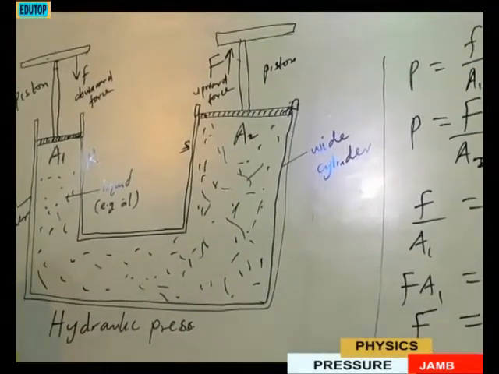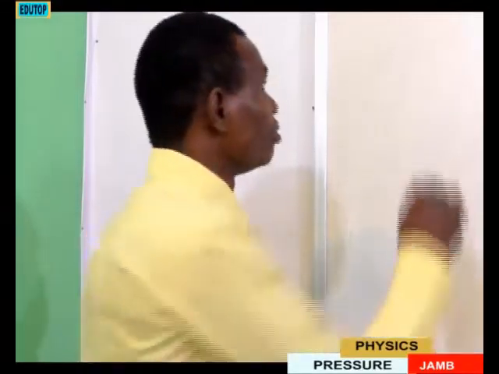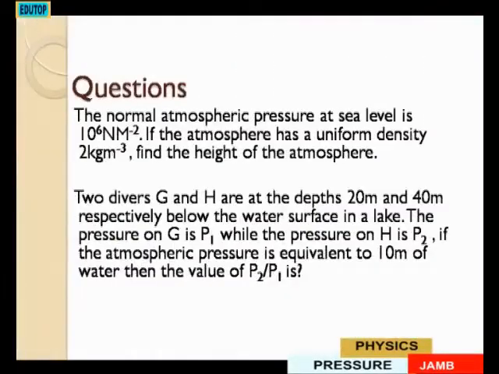Then we are going to consider some questions. Question number 1. The normal atmospheric pressure at sea level is 10 raised to the power 6 Newton per meter squared. If the atmosphere has a uniform density of 2 kilogram per meter cube, find the height of the atmosphere.